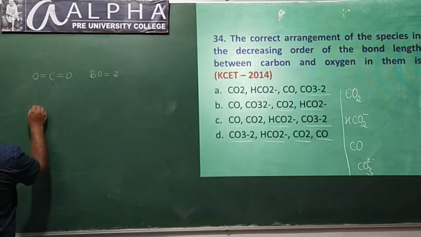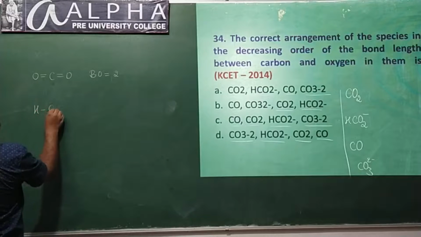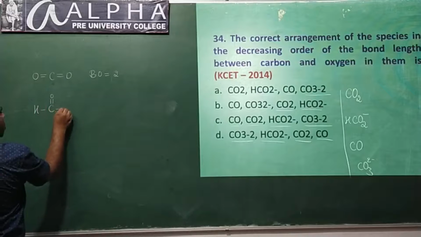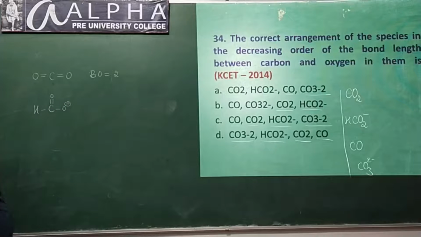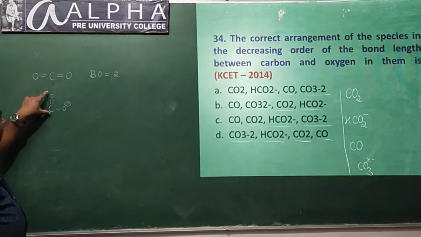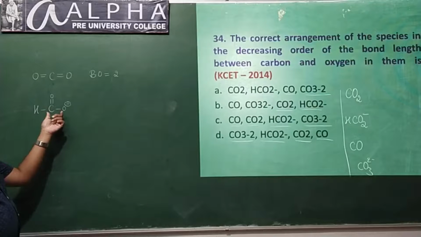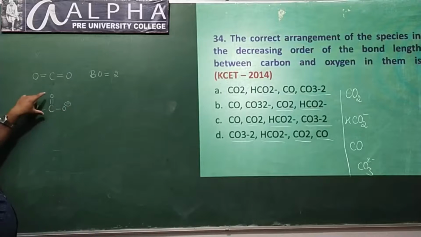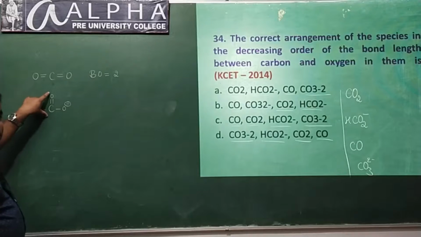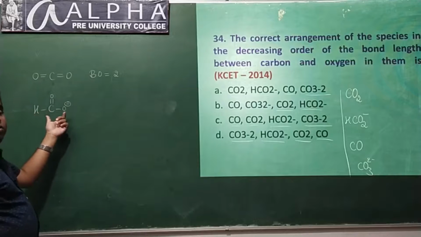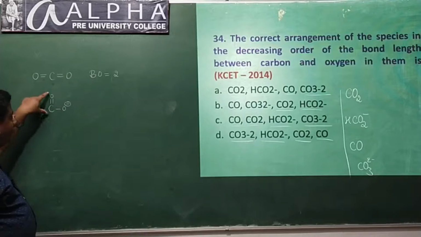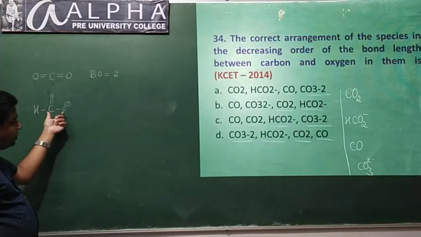Now if I consider HCO2 minus, it means HC double bond O, O minus. Here we have one double bond between carbon and oxygen and one single bond between carbon and oxygen. Do you say the bond order is 2 for one and 1 for the other?